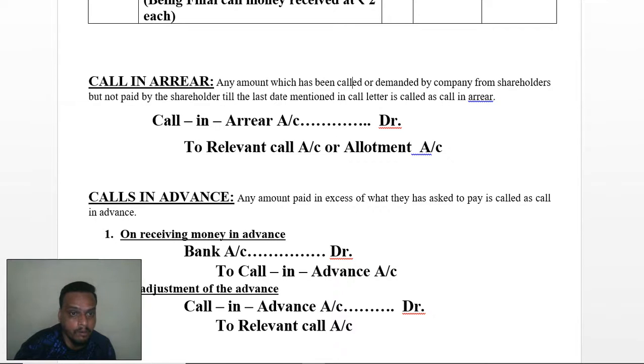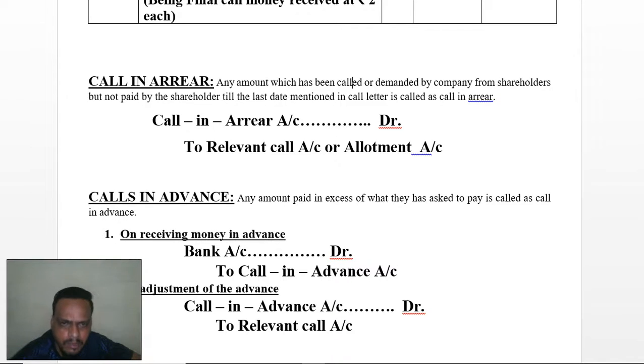But what about calls in advance? Call in advance means the amount which has been paid before the demandings, like excess money on application, so that application money will be transferred to the allotment.